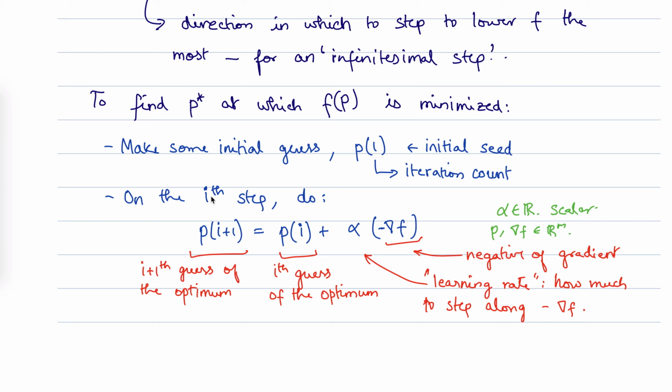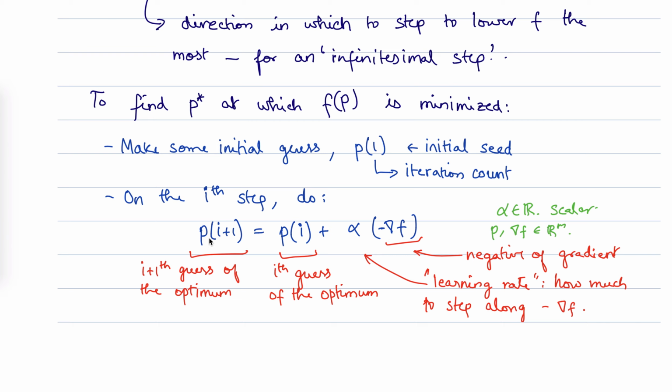And then on the ith step, if you have p of i, you compute the gradient, take the negative of the gradient, multiply that by a small number alpha. So this is the step we are going to take. This is your guess of the optimum, or the best attempt at guessing the optimum, on the ith step. Then you're modifying that by taking a little step along the negative gradient, okay?